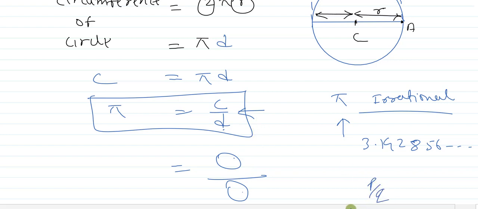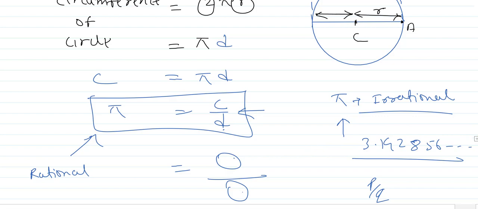That is a rational form. But while explaining irrational numbers, you wrote pi is irrational. So there is a contradiction. How did it happen here?